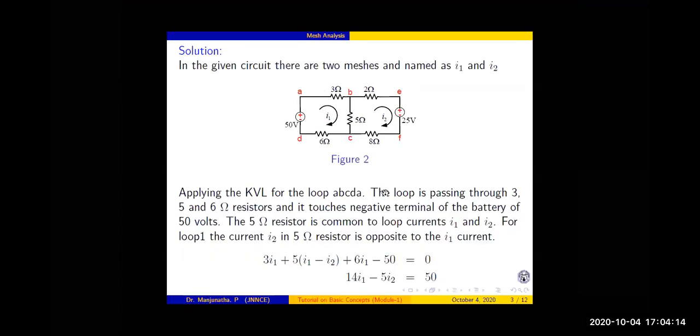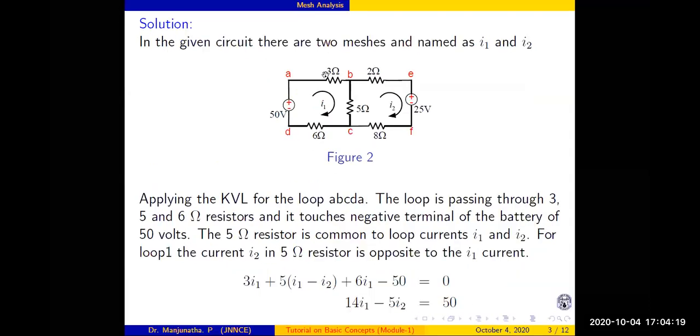What is the first equation? 3I1, 5(I1 minus I2), because I1 is coming like this and I2 is going opposite to it. I'm in mesh 1, so 5(I1 minus I2) plus 6I1.